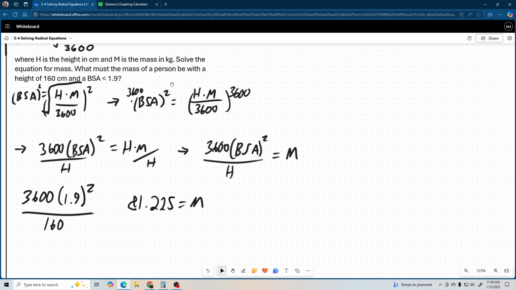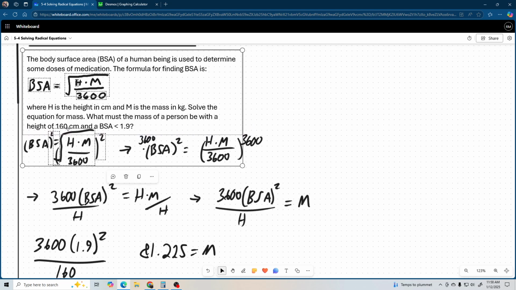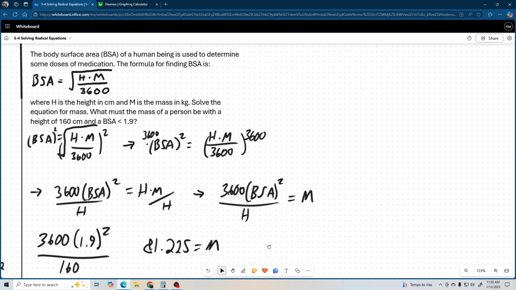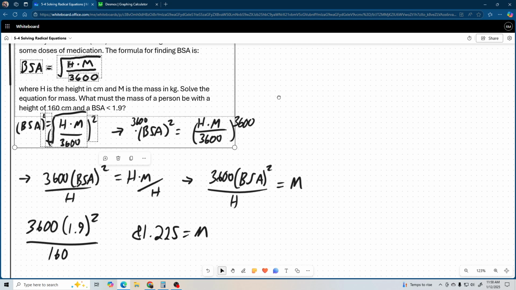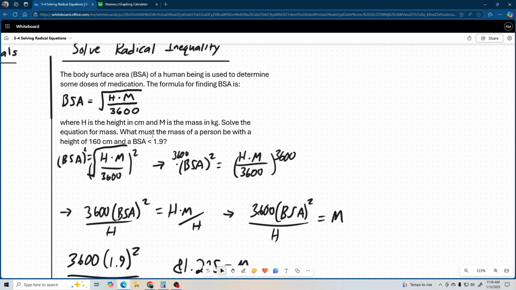If we have a person that's this tall and we know their BSA is less than 1.9, the mass of the person has to be less than this, otherwise we wouldn't be giving them enough of a dose. We can plug that back in. That's what I mean when I say that with inequalities, we're more or less solving the problem, and then we interpret what the less than means.